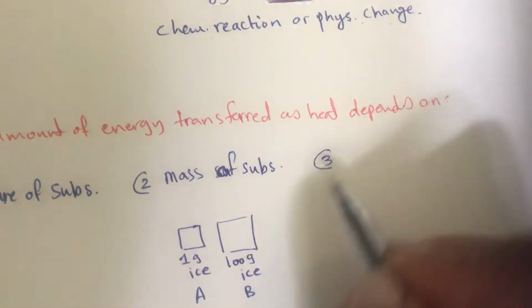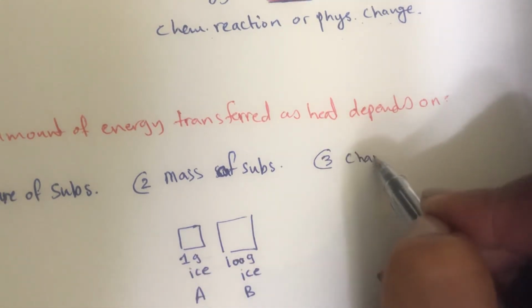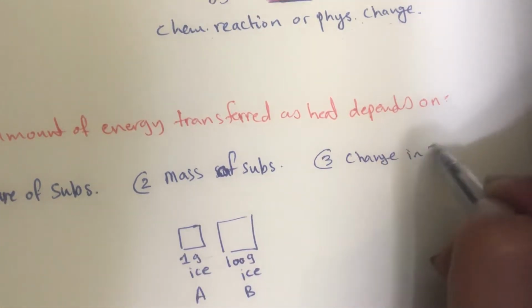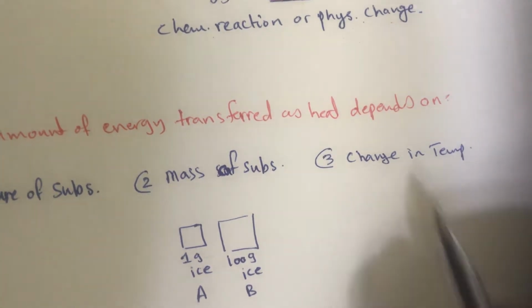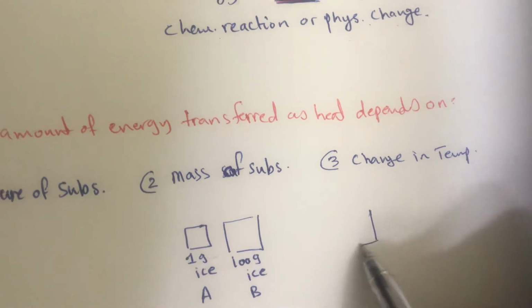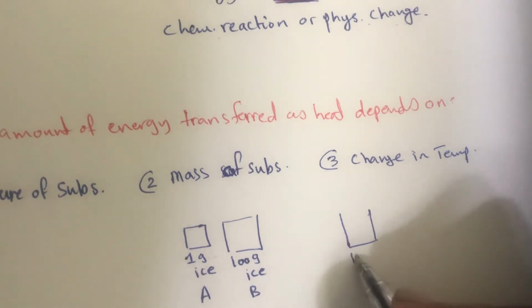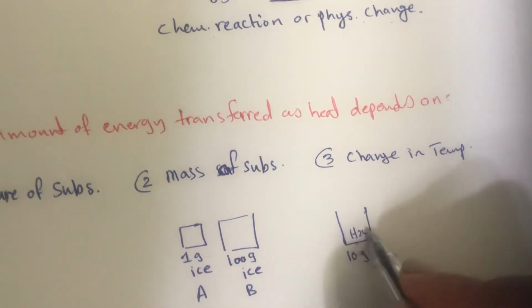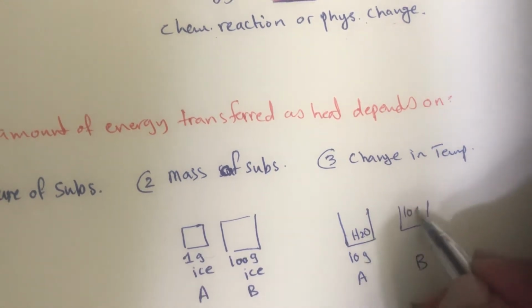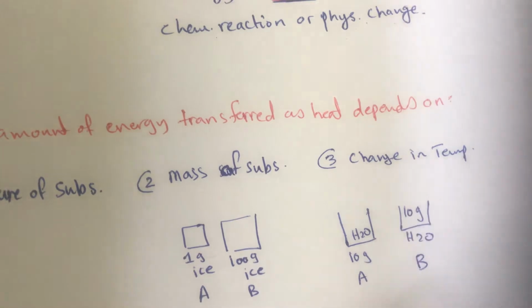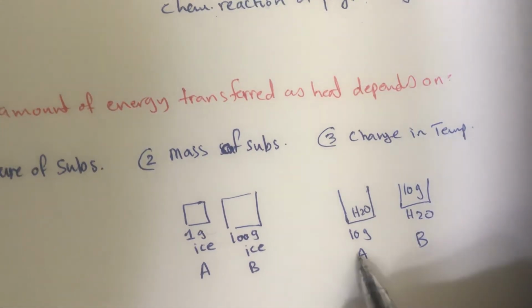Three, change in temperature. For example, if you have 10 grams of water, and in the second case you have 10 grams of water, and in the first case you have to increase the temperature from 25 Celsius to 50 Celsius.